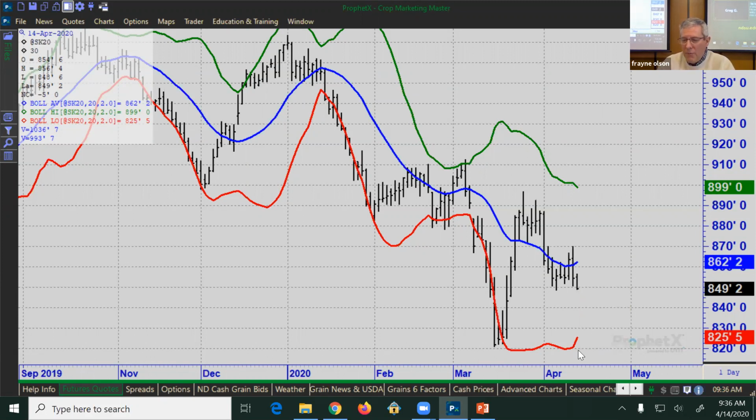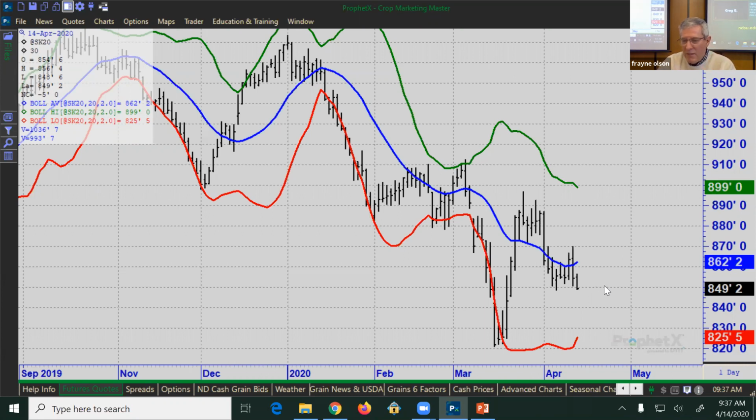Based on this technique, we have a trading range between about 860 and about 825. It looks like we're starting to trend lower, and we're on the bottom end of that range, below the blue line, but the support level would be at about 820. So we have a fairly wide trading range here.